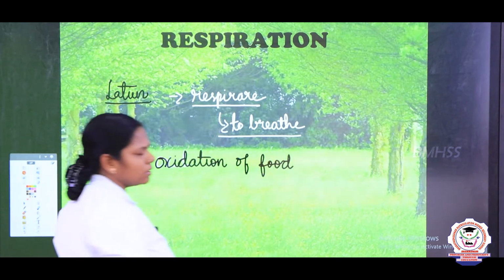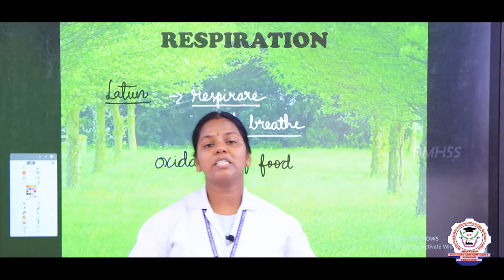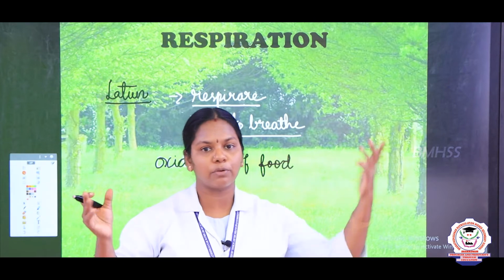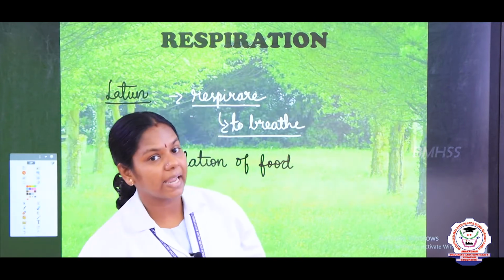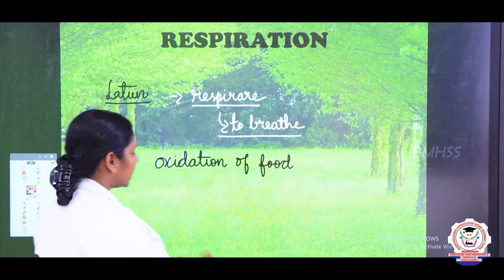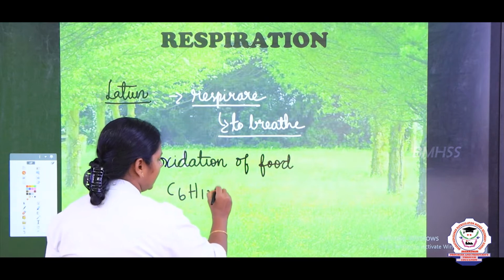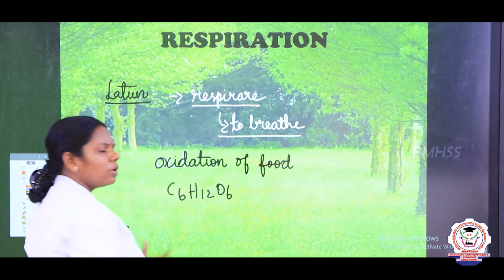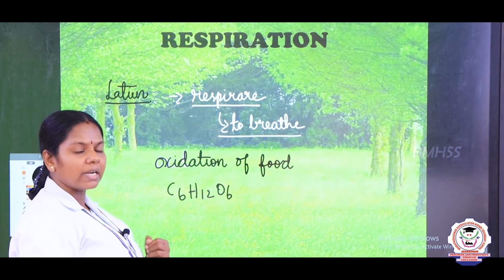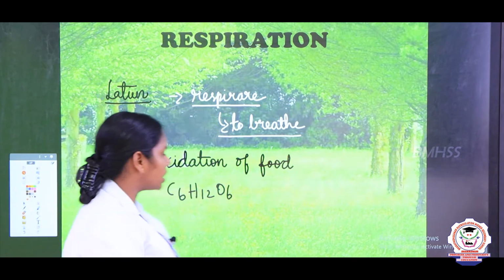Right. And during photosynthesis, what happens, children? Plants prepare the food with the help of carbon dioxide, sunlight and water. What is their food? That is glucose, C6H12O6. So the food is prepared and the food is broken down by using oxygen.